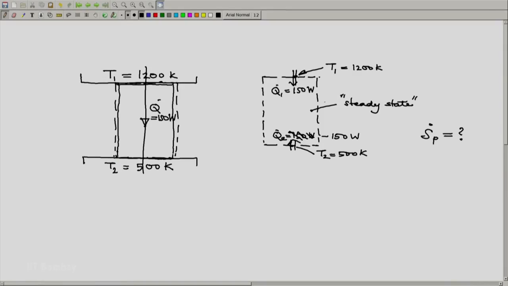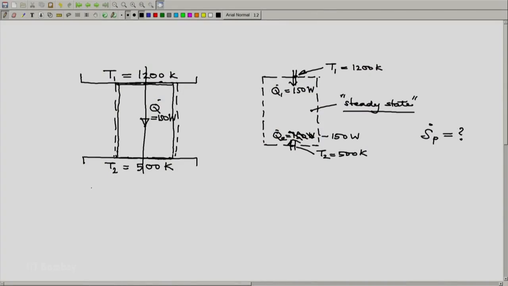Now since we notice that there is no work interaction involved, there is a steady state, so our change in energy is 0, there is no work transfer, and the net amount of heat transfer is 0, because 150 watt is coming in from the top, 150 watt is going out from the other end. So, hence a steady state is maintained.